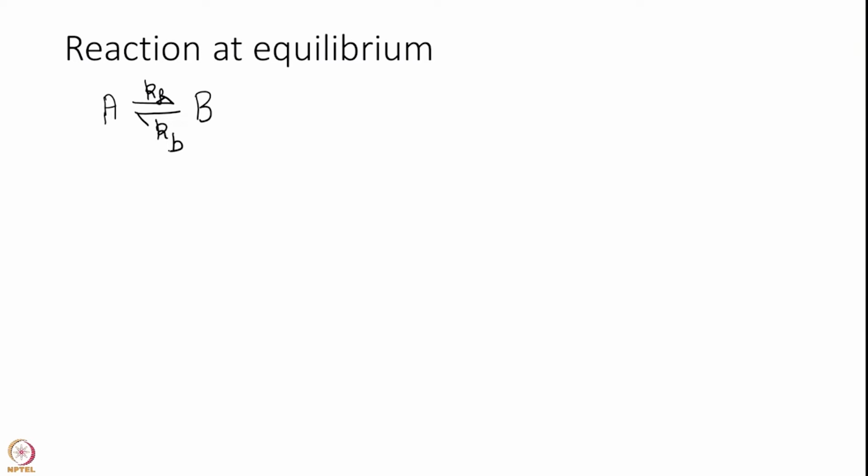So, not only can you go from A to B with some rate constant Kf, you can also go from B to A with some rate constant Kb. Okay. And I tell you that this is elementary both sides, and I want you to be able to write the rate law equation for this. How do I handle that?